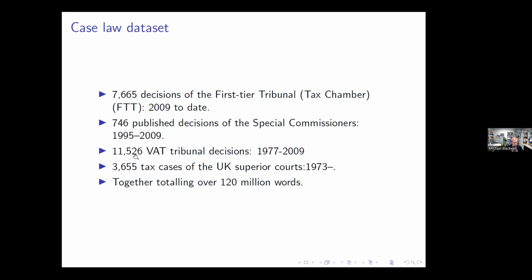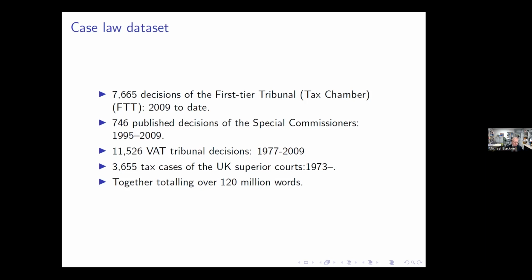So what I'm doing here is I've assembled an extremely large data set of tax decisions. These are around 7,500 decisions of our first tier tribunal, which is like the AAT. And then I also have earlier predecessor tribunals.